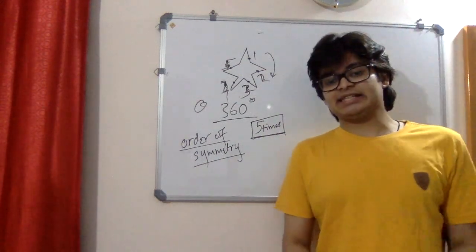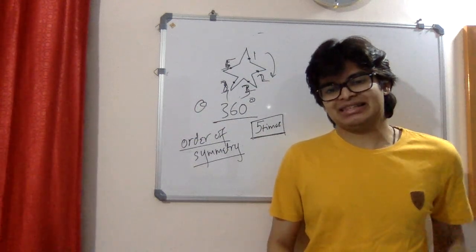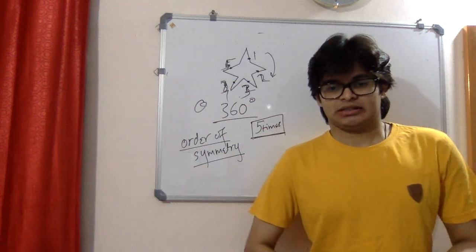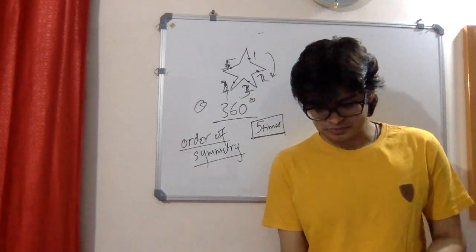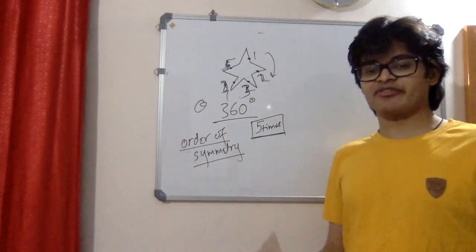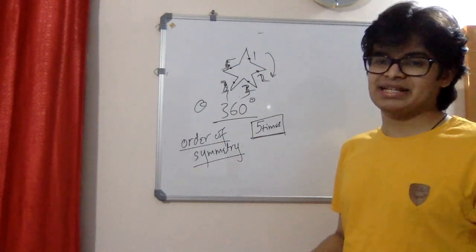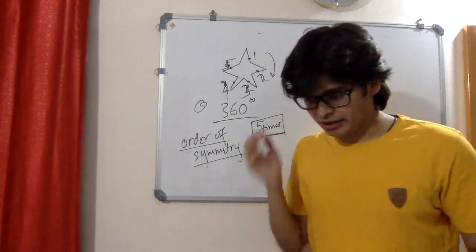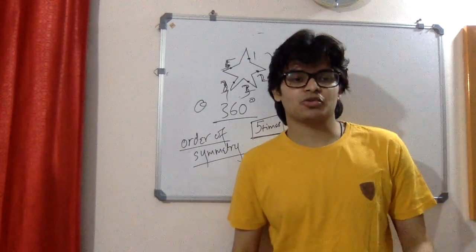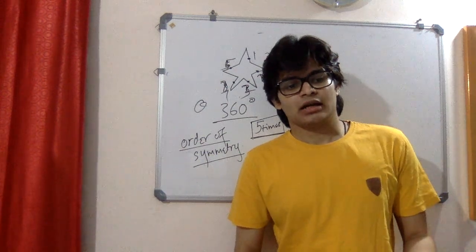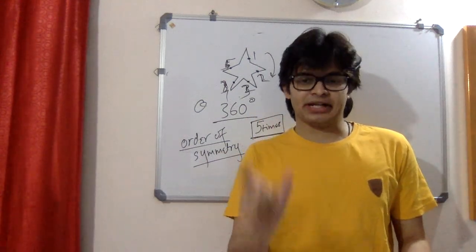So order is basically the number of times an object has to be rotated to complete a full rotation, so as to gain back the same position we started from. In this case, the star has to be rotated 5 times to complete one rotation and get back to the same position. Now it's very obvious that if you rotate an object by 360 degrees, it will reach back to its original form, but we have to keep in mind that the symmetry should be maintained.